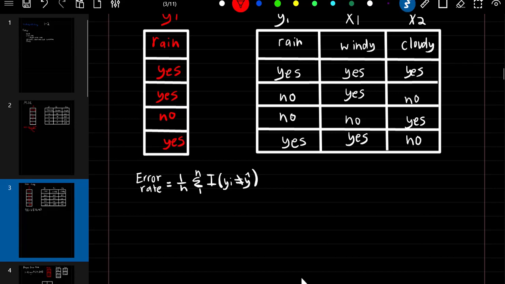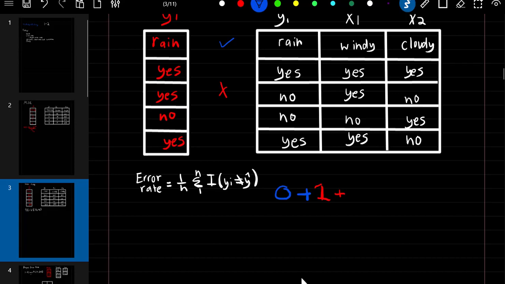and then divide it by the number of observations. For instance, the actual value was it did rain that day and we predicted it would rain that day. So it's going to be a value of 0. Now on this day, it didn't rain, but we predicted it did, so we're going to give that one a value of 1.